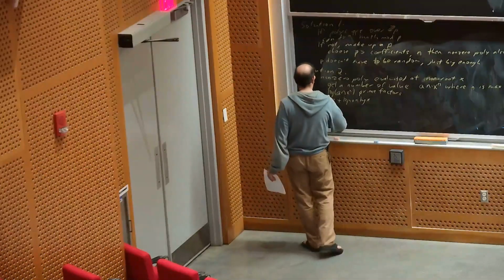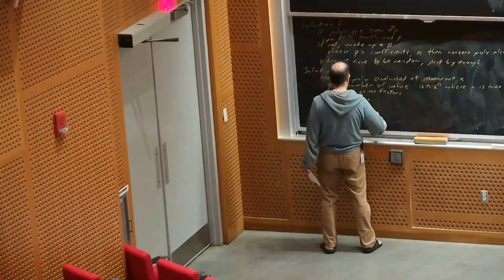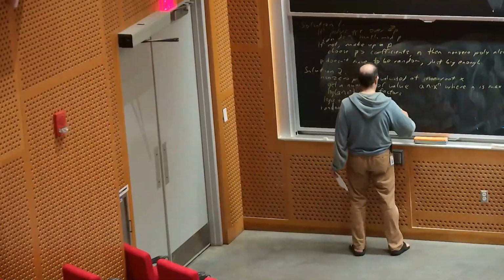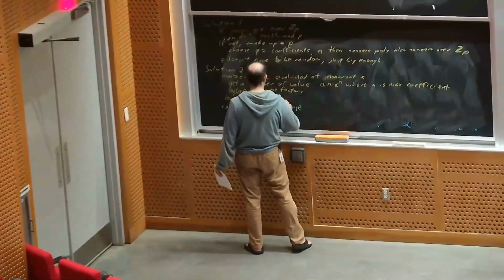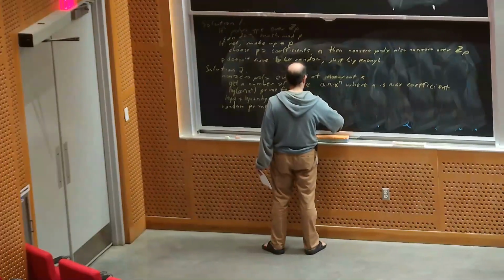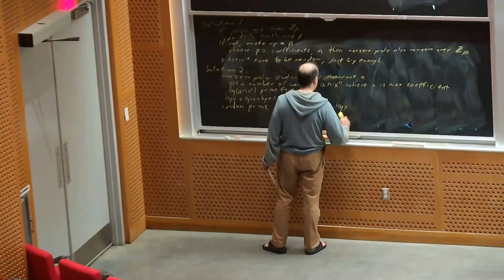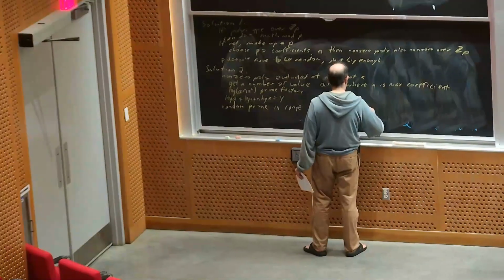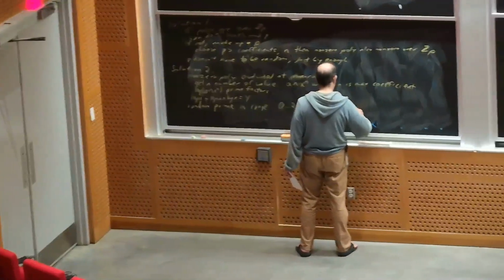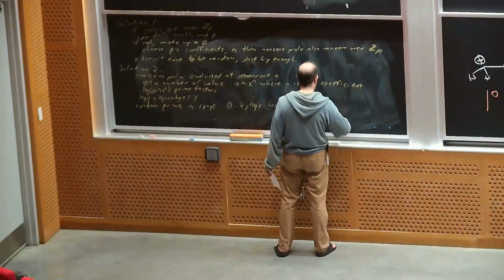So a random prime in the range, let's call this y, so a random prime in the range from 0 to 2y log y has a half probability of not being a divisor.